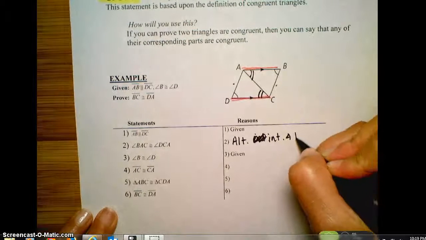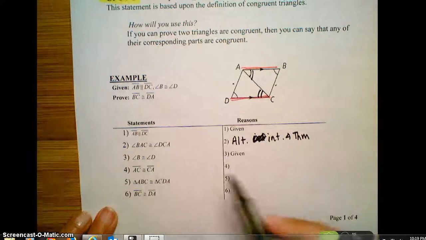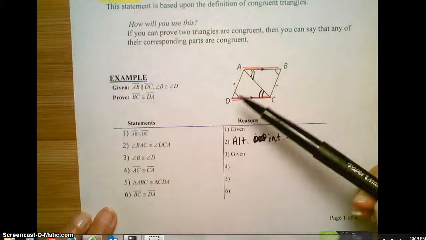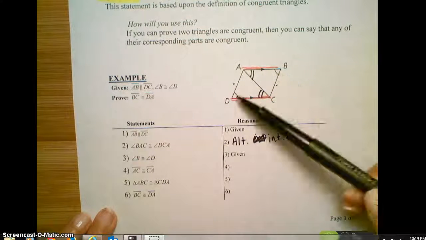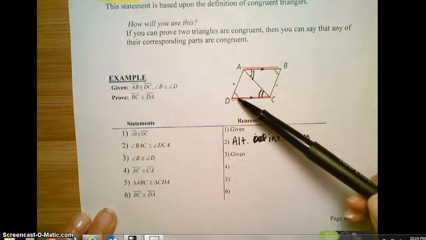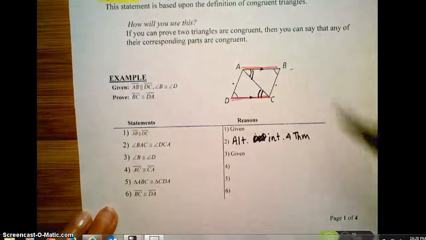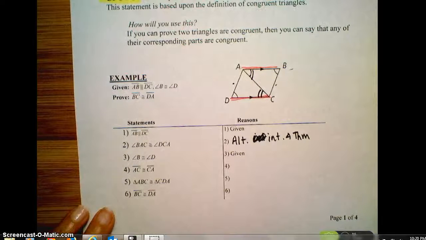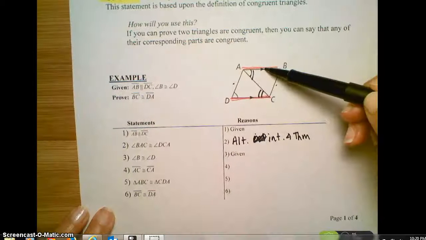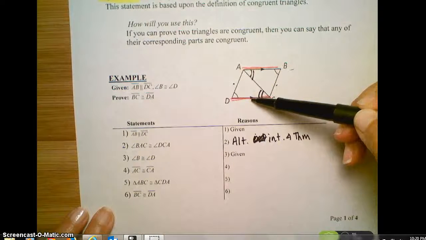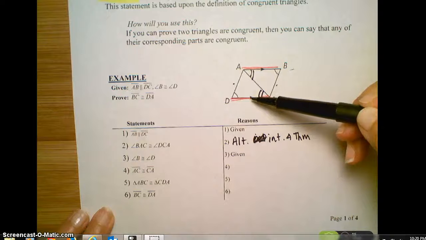Interior angle theorem. Then the second given of angle B congruent to angle D. You'll now notice we have two pairs of congruent angles. So if I could get side AB congruent to side DC, I could use angle side angle, but I have no reason for those two to be equal to each other.